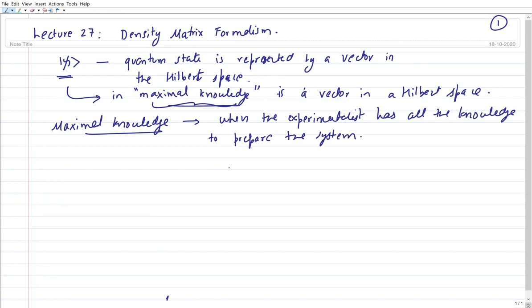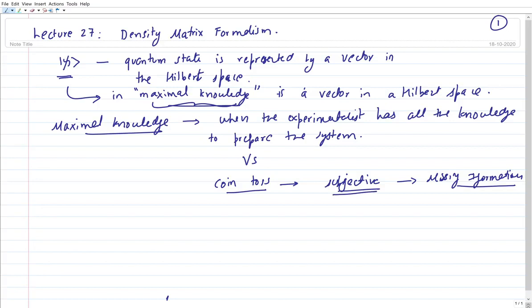Remember how we argued that the coin toss, compare this with a coin toss, where the ignorance or the knowledge was subjective, in the sense that if I have all the CCTV cameras in the world, still, my state of knowledge depends upon the missing information. And if I know all the dynamical laws, all the torque on the coin, all the CCTV cameras, there's no subjective ignorance about the coin toss.